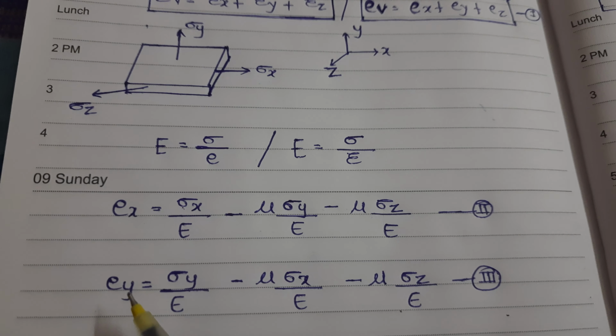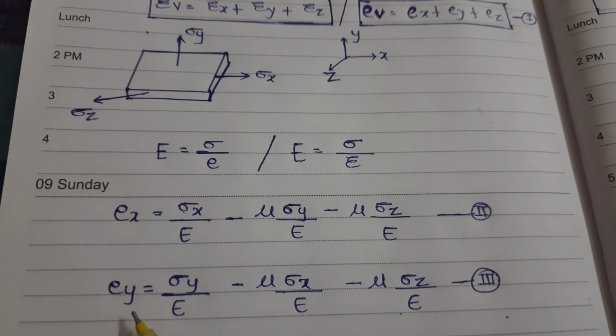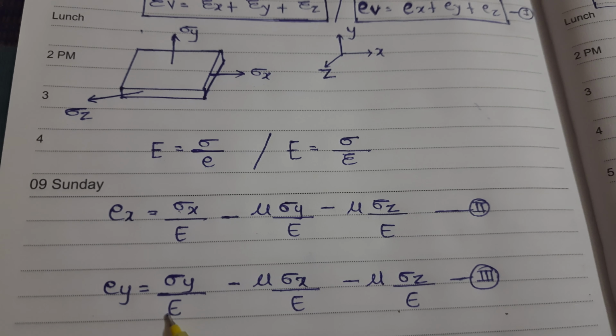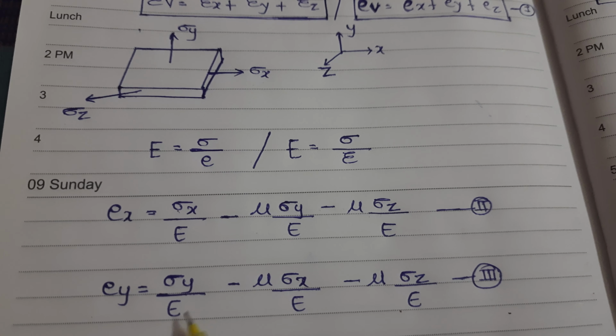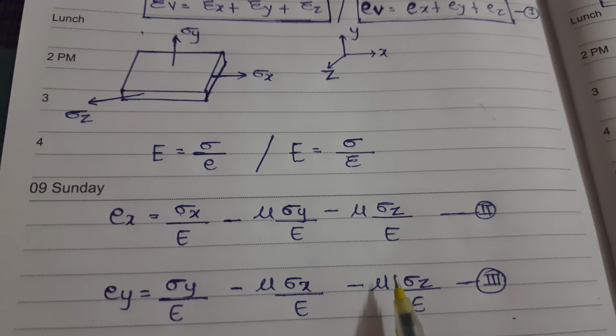Same for strain in y direction. In y direction, sigma y by E is the linear strain, and sigma x and sigma z give lateral strain.